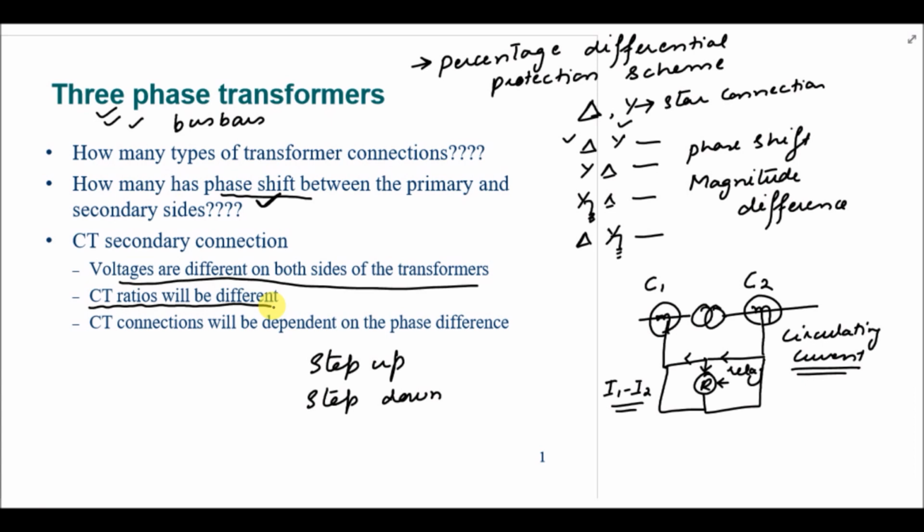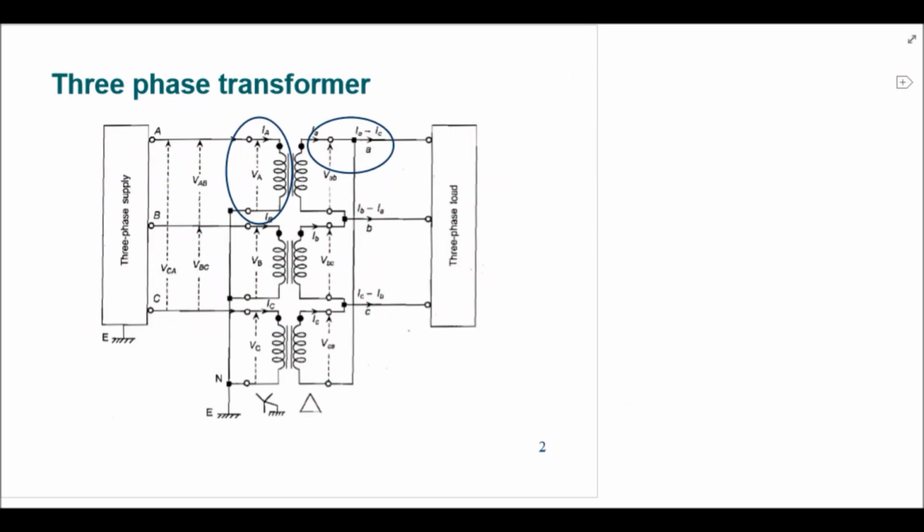Therefore, first we have to talk about the CT connections in the three-phase transformer measurement on the primary as well as secondary side. For example, we have a Y grounded-delta transformer. This is the supply side and this is the load side, and these are the phases of the transformer.